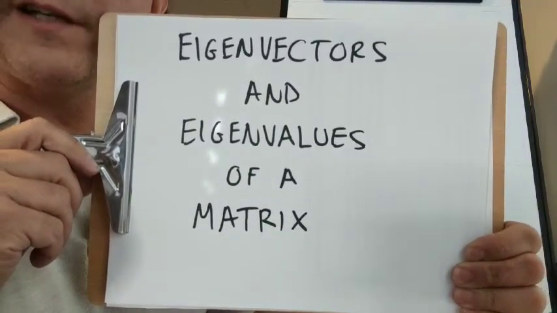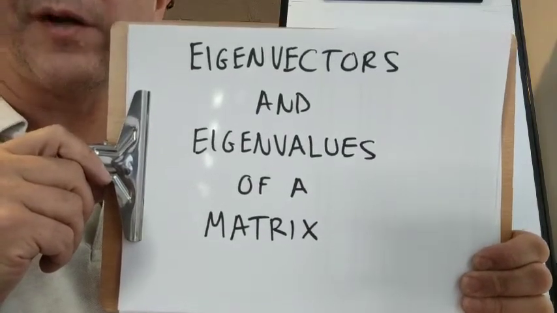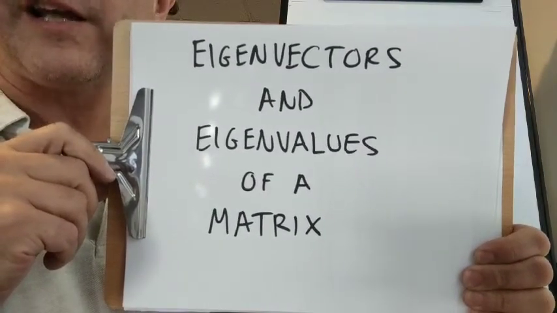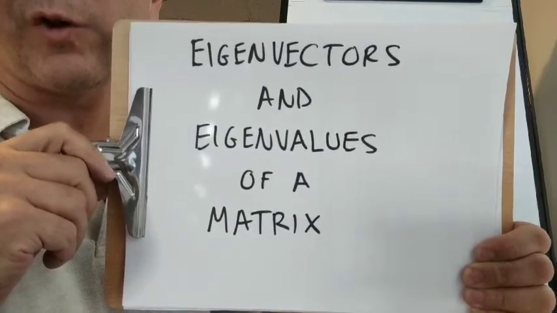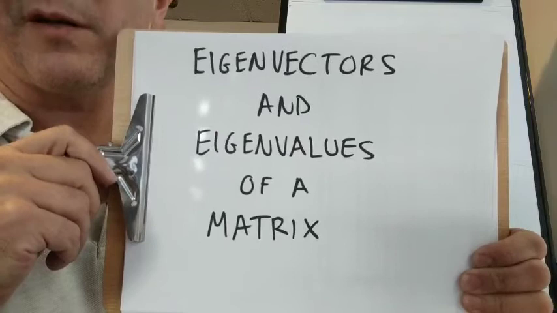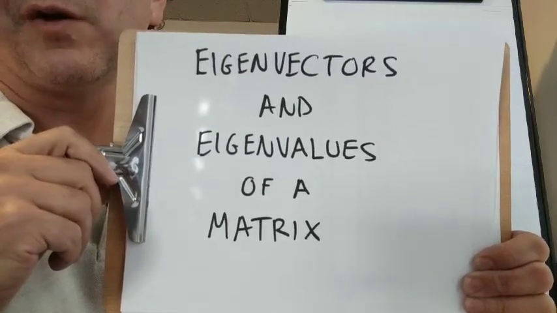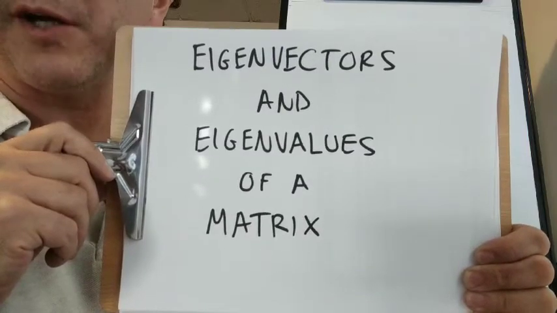We know that every linear transformation from a vector space V to a vector space W can be represented by left multiplication by a matrix once we choose bases of V and W. So maybe it's not surprising that to find the eigenvectors and eigenvalues of a linear transformation, we can just do that by examining a matrix.